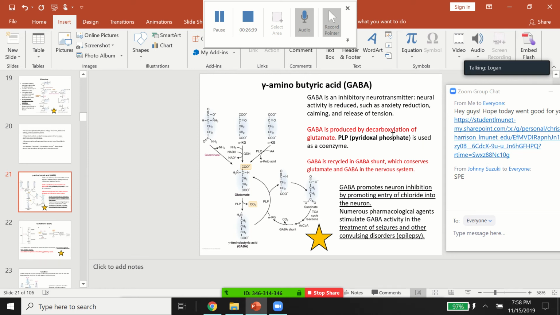PLP, once again, is mentioned here, and it's in bold. So you should know that it's being used here to make GABA from glutamate via that enzyme. It doesn't even mention the enzyme on this slide. Interesting. But I would just know that you need PLP in order to get GABA from glutamate. And I think that's pretty much it for this one.